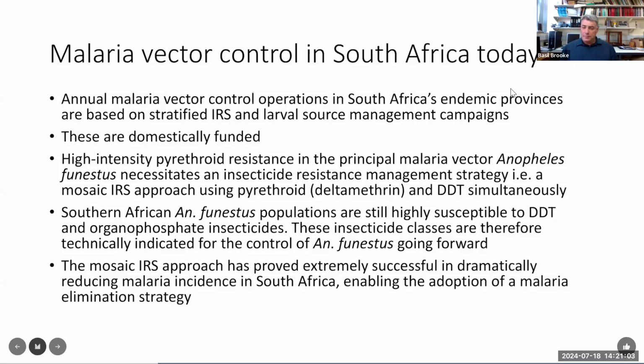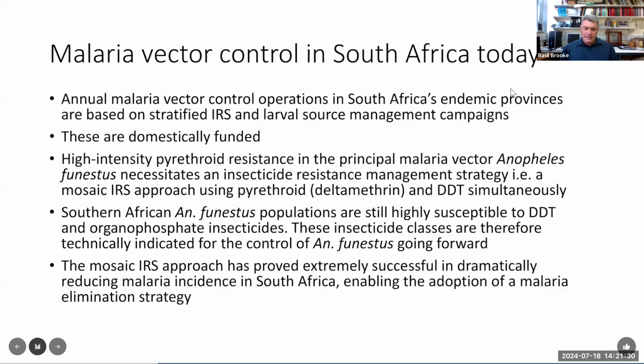Then, of course, we have the pyrethroid resistance in Anopheles funestus, which means we have to manage that resistance, which is why we need this mosaic IRS approach in which we use DDT and pyrethroids simultaneously. Fortunately, Anopheles funestus is still highly susceptible to DDT, as well as to organophosphate insecticides, which is also very important.